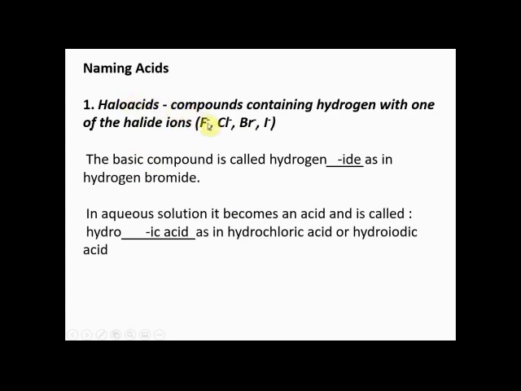Hydrogen and fluorine would be hydrofluoric acid. Okay. With bromine, would be hydrogen bromide, and then dissolved in water, it becomes hydrobromic acid, or hydrochloric acid, or hydroiodic acid. There's all the scenarios.